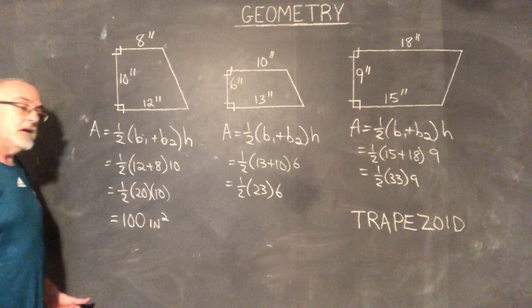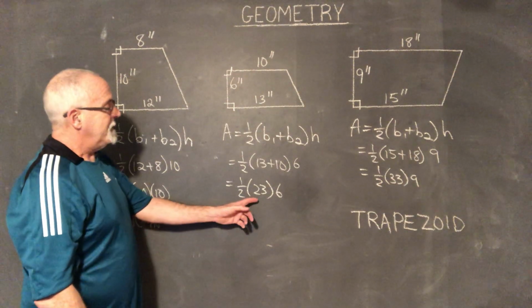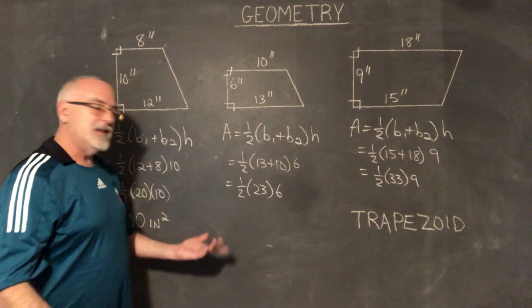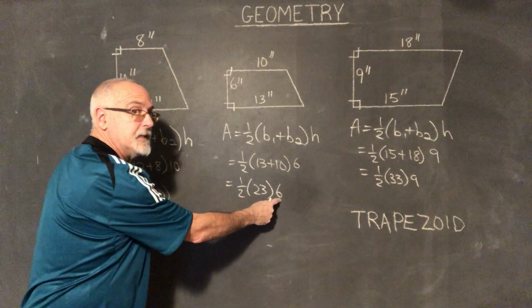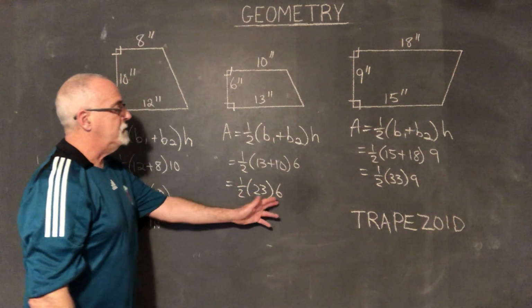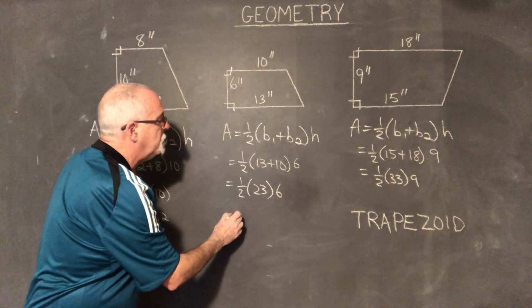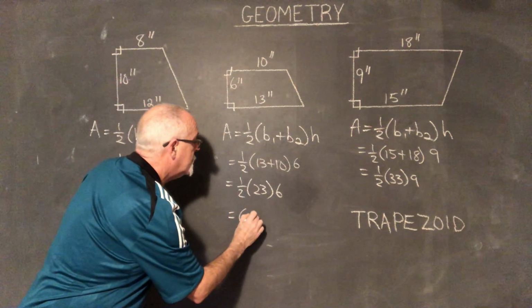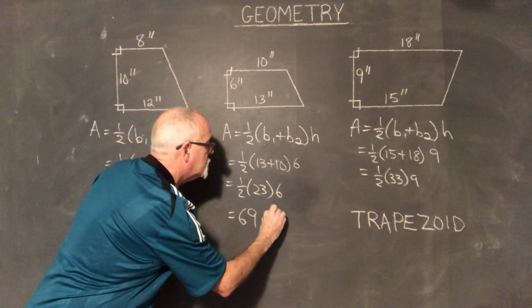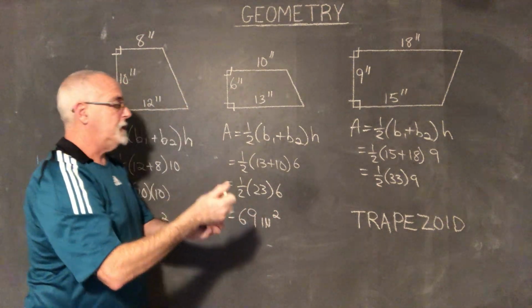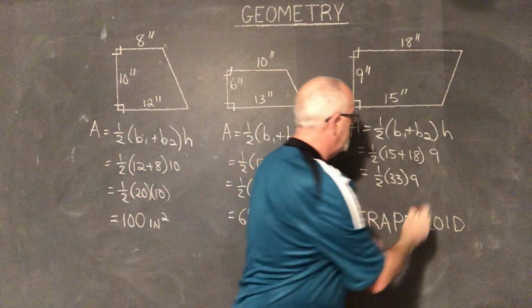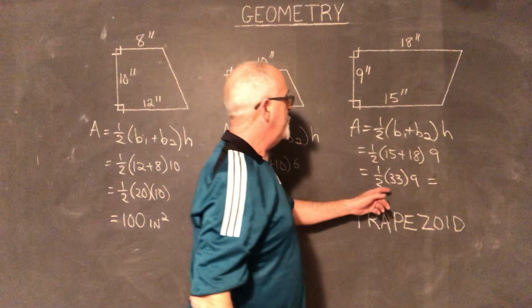It's its area, so the unit is squared. Half of 23 would give me a decimal, so instead I'm going to do half of 6. Half of 6 is 3. 1/2 times 6 is 3. 3 times 23 will be 69. 69 inches squared. More chalk, please. And then this one, I didn't really leave much room, so I'll put it over here.